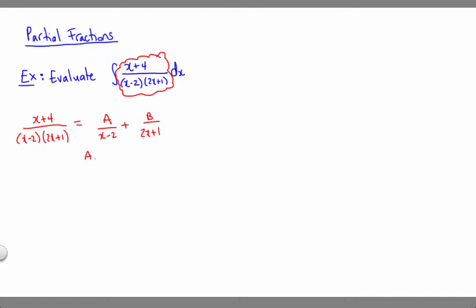And in this context, A and B are real numbers. What we're doing here is called the partial fractions method, or just partial fractions.